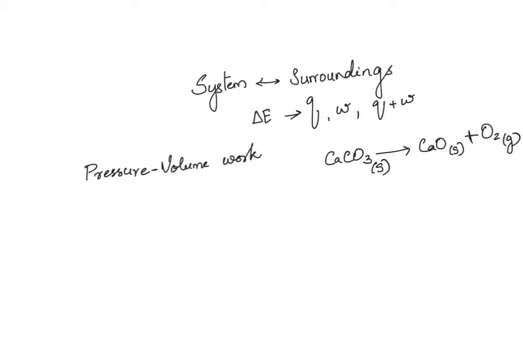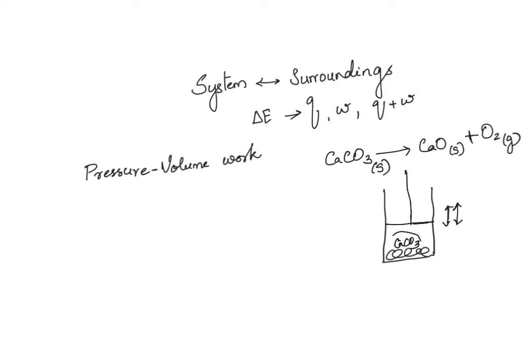Now let's say, to begin with, we have a cylinder in which we placed calcium carbonate, solid, right? And then there is a piston. There is a piston that can move up and down.